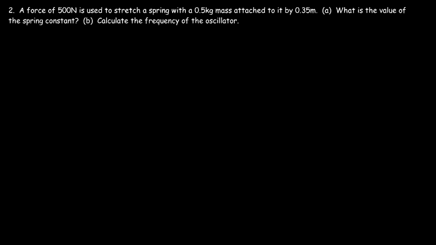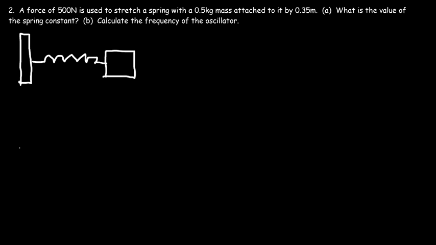Number 2, a force of 500 newtons is used to stretch a spring with a 0.5 kilogram mass attached to it by 0.35 meters. What is the value of the spring constant? And calculate the frequency of the oscillator. So let's say this is a wall, and we have a spring attached to it. And there's a mass.